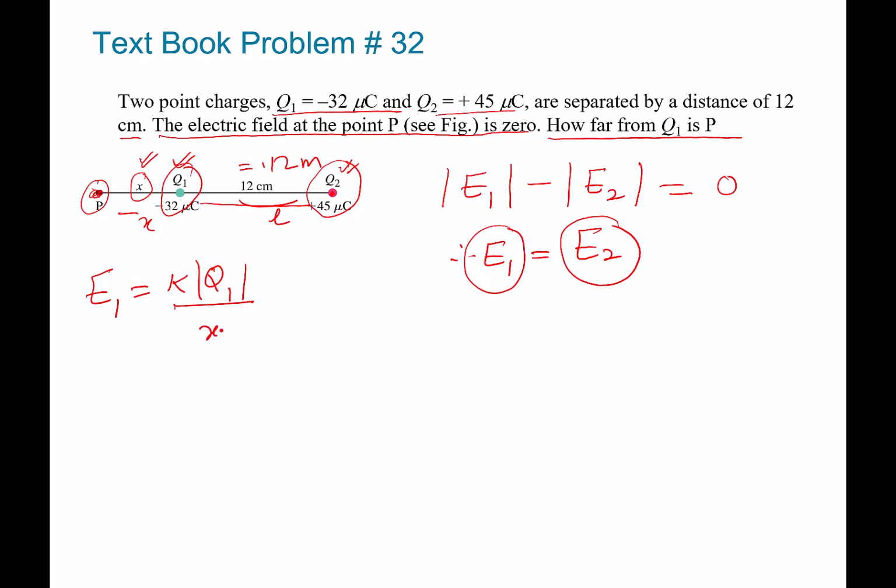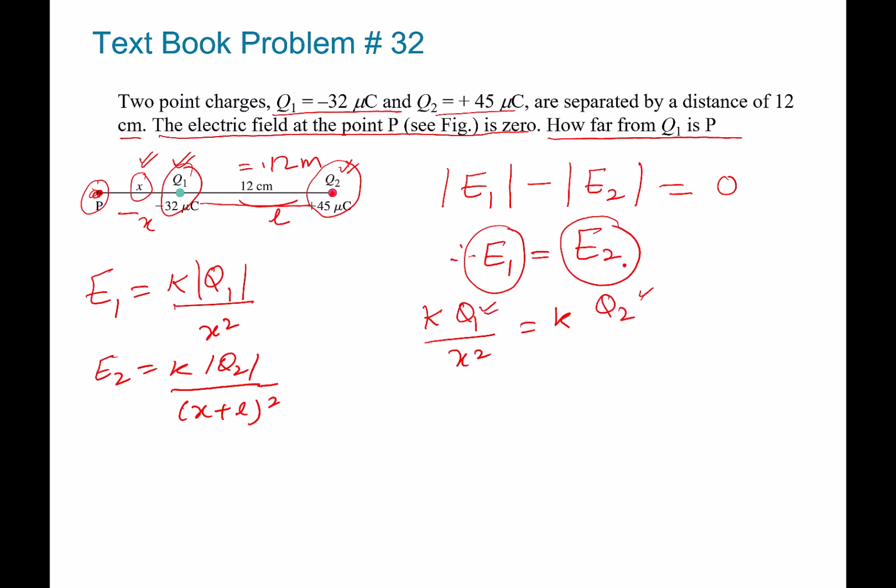Okay. And for E2, we can write it as K times magnitude of charge Q2 over, now we are talking about Q2 from point P, X plus L. We'll substitute the values later so that it's easier to solve. Now we set them equal to each other. K times Q1 over X square must be equivalent to K times Q2 over X plus L whole square.